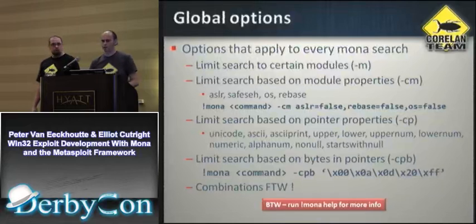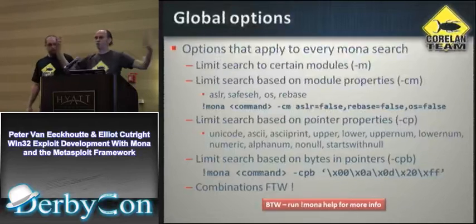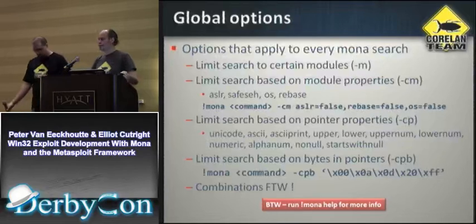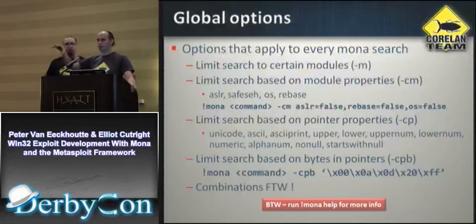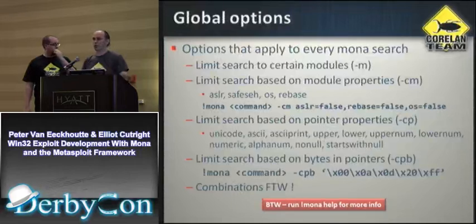You can also limit the search based on the properties of the return pointer. A pointer consists of 4 bytes, basically. Well, what if one of those 4 bytes is a bad character? We need to be able to do a search and tell it, look, these are the bad characters. These are the bytes that we do not want in our payload. And it's going to skip pointers that have at least one of those bytes.